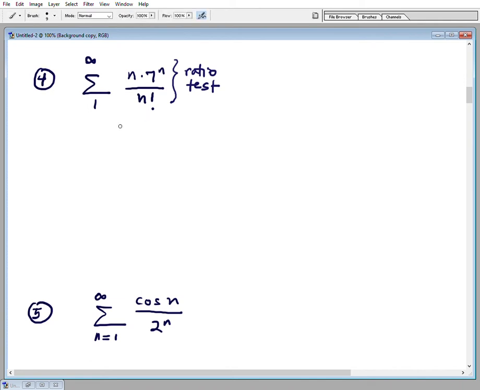So let's do number 4. It's positive, so I'm not going to use absolute values. We're just forming this ratio. So that's 7 to the n plus 1, that's a to the n plus 1, and here's a to the n.